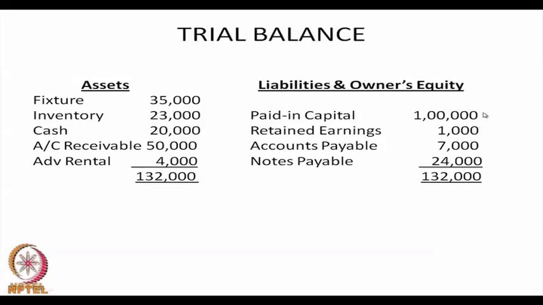Therefore, the owner's equity would be 100,000 plus 1000, and the current liabilities are this, accounts payable and notes payable. Altogether this is 132,000 and this also is 132,000. So, they are matching. Therefore, we have seen that balance sheet can be developed from the ledger accounts.